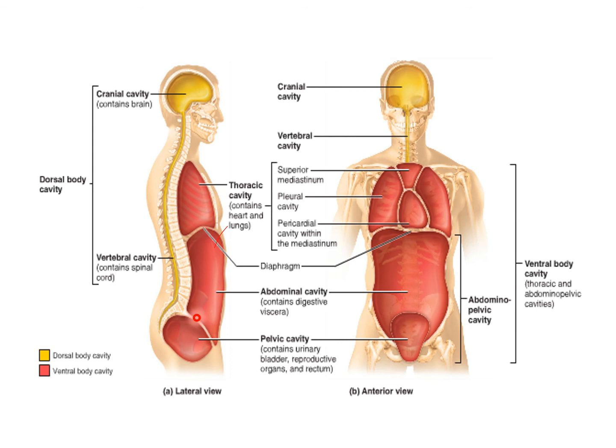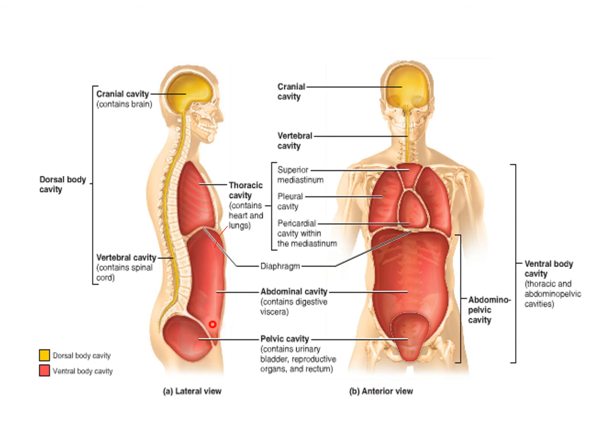The abdominal and pelvic cavity together can be called the abdominopelvic cavity because they are connected to each other. There's no separation between the abdominal and the pelvic region overall.